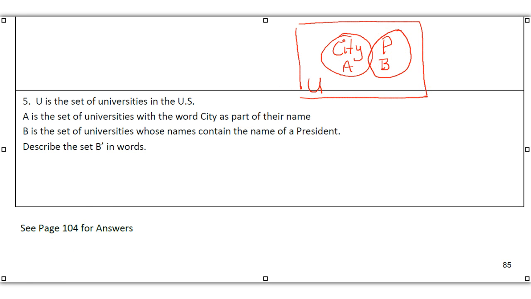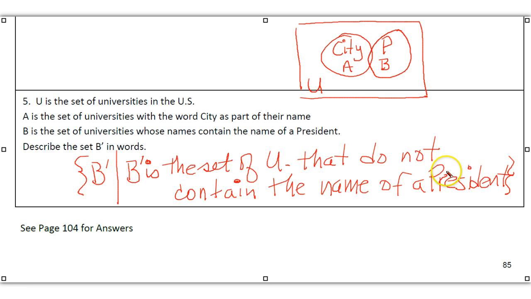So in a sense, you could write it that B complement is the set of universities that do not contain the name of a president. And putting it in set builder notation would look something like that. Now, you may not have needed to have made a Venn diagram, but whatever helps.